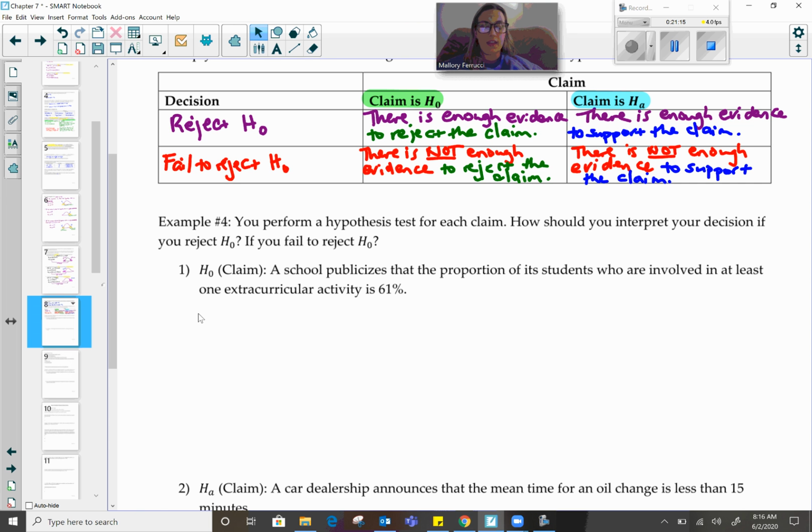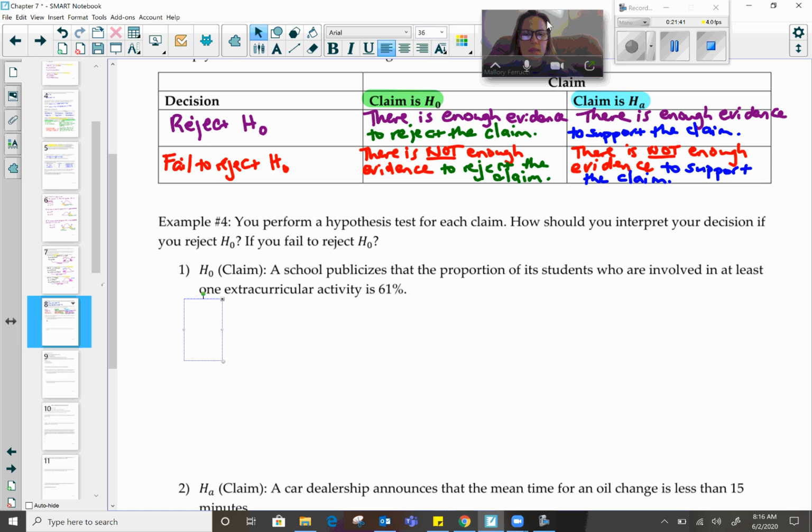So if the null hypothesis was your claim, and it says the school publicizes that the proportion of its students who are involved in at least one extracurricular activity is 61%, then you could have two options for, I don't want this. Let me see here.